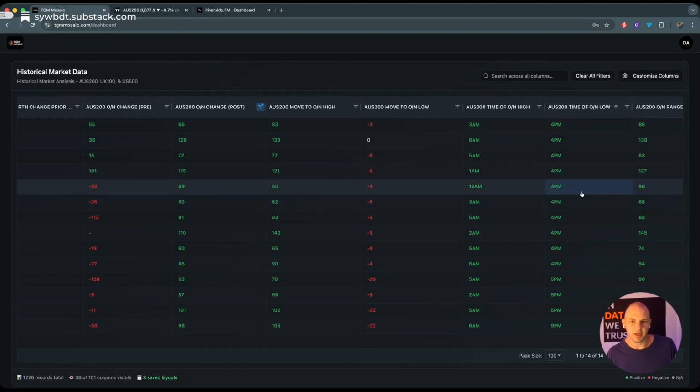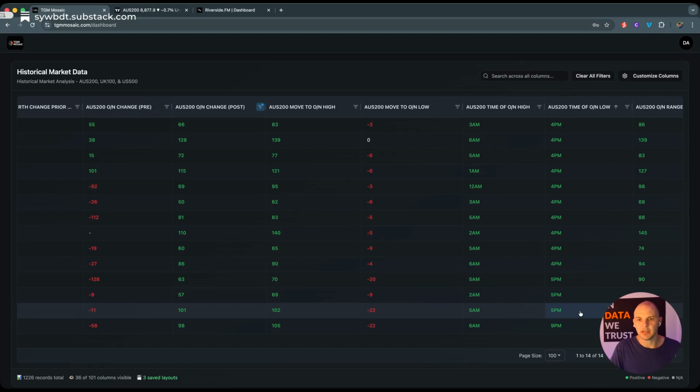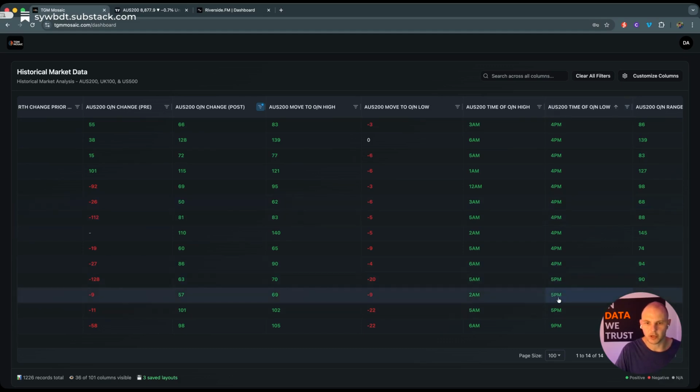So you can see here that if we reverse engineer that, what do we got here? 14. You can see 13 out of 14 bottom in that first 2 hours, say, or definitely bottom either in the aftermarket or in that first hour of Europe.